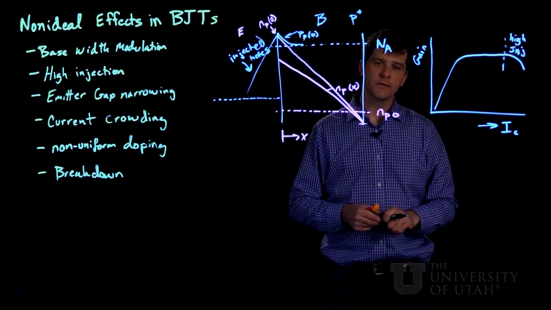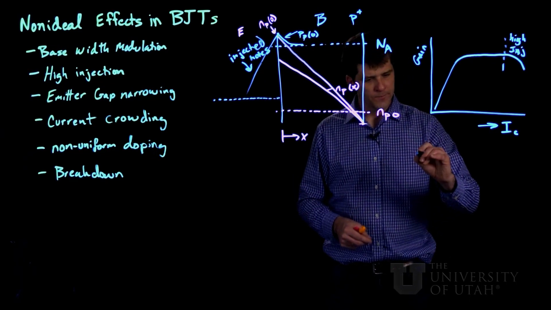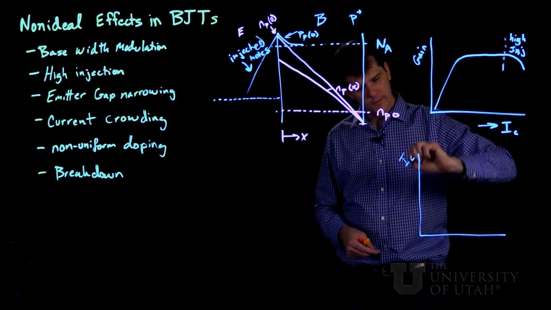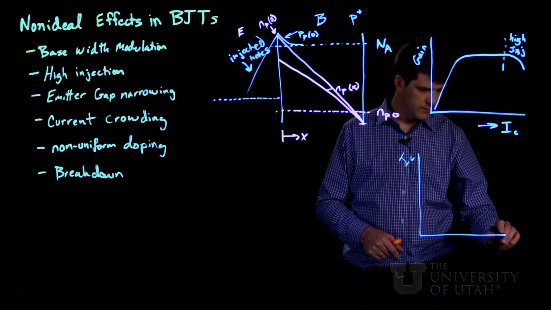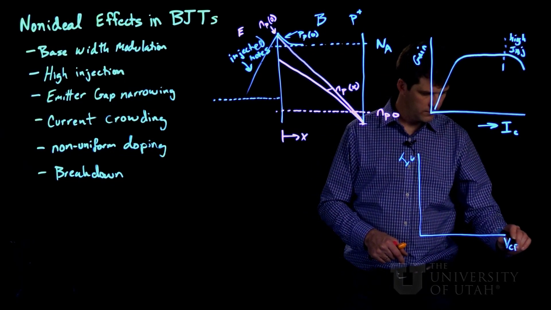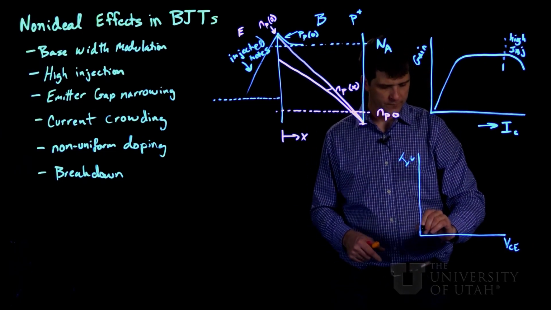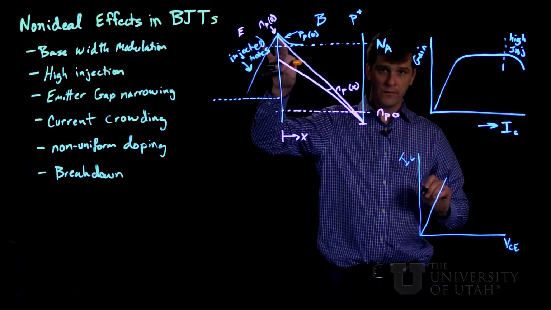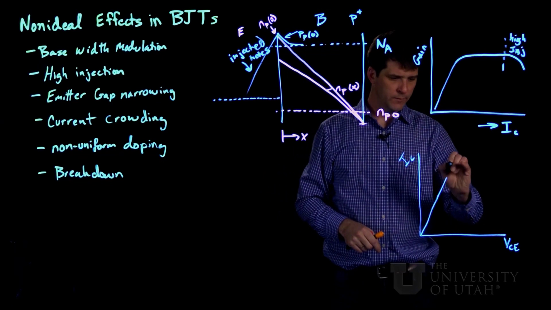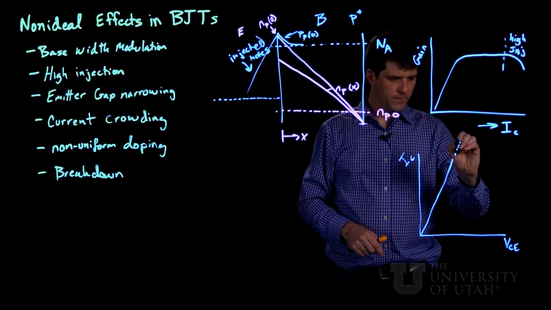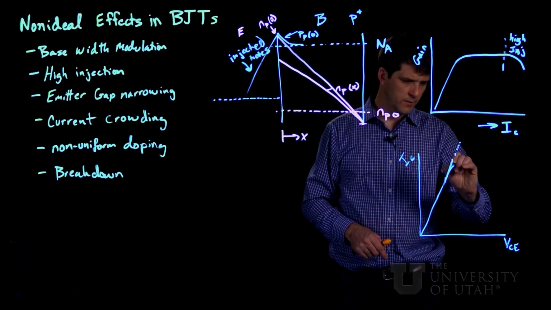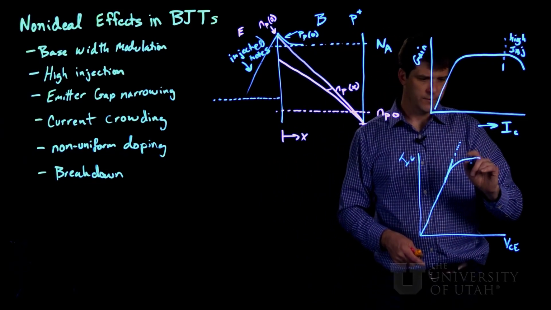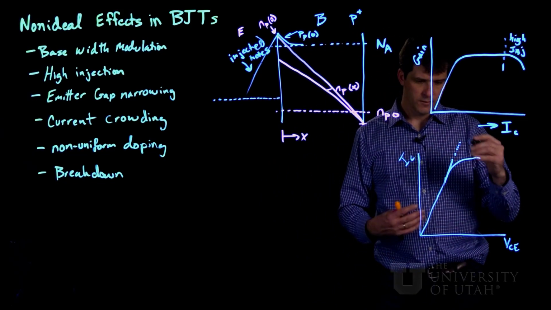Now, high injection conditions also have another effect, and that's seen if we look at the collector current on a logarithmic scale as a function of the emitter collector voltage. Because of this effect where we're pulling in some excess holes at the same time to provide charge balance, very similarly to the diode in high injection, we start to see a roll-off behavior for high injection currents.